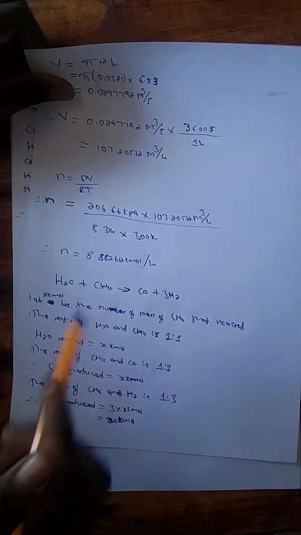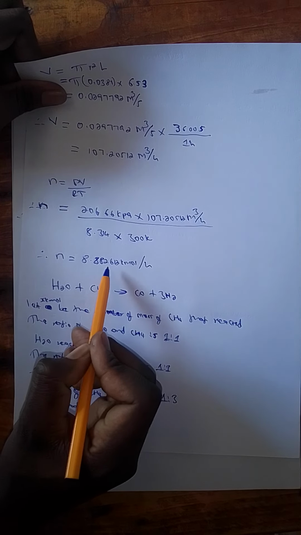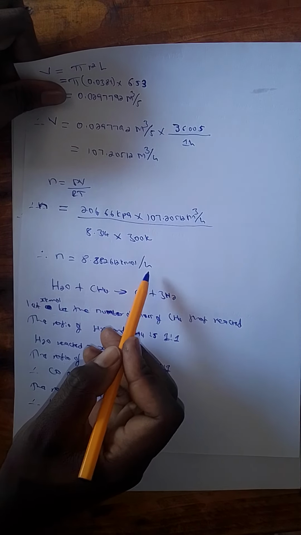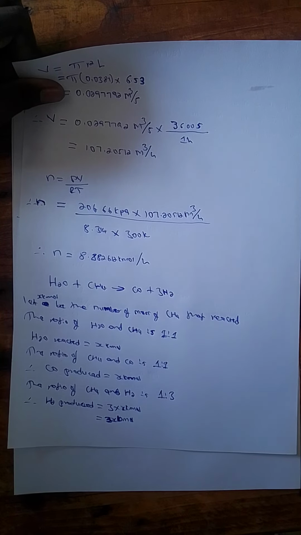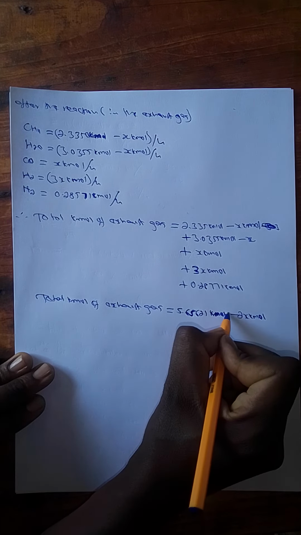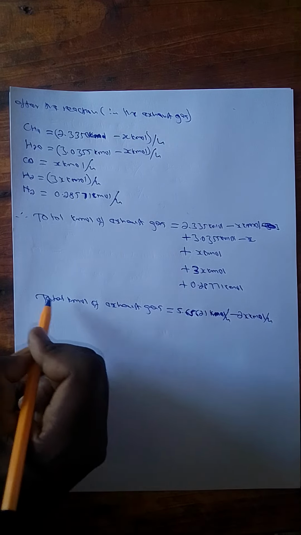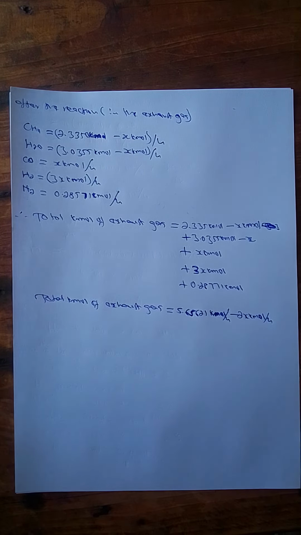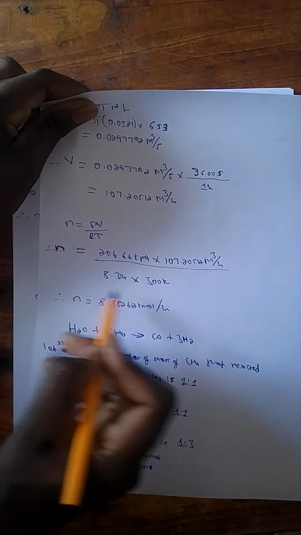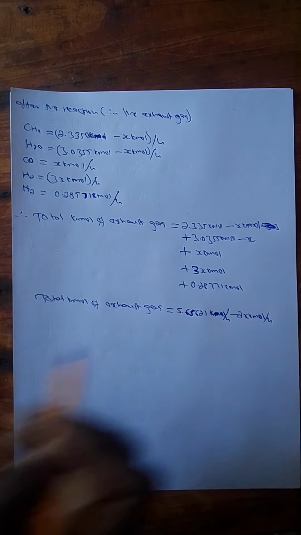We did calculate that the number of moles of the total exhaust gas was 8.882612 kilomole per hour. But we didn't have the total analysis. But here we also know that this is the same thing, the total kilomole of the exhaust gas, right? So we can equate this to this and solve for X.